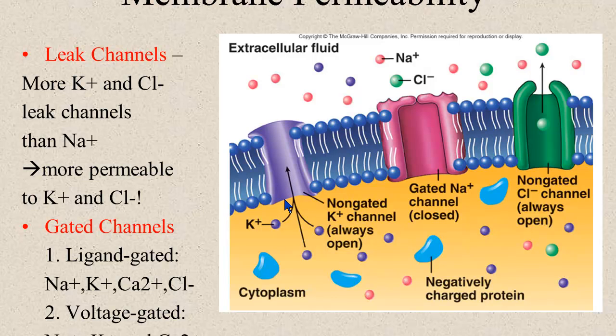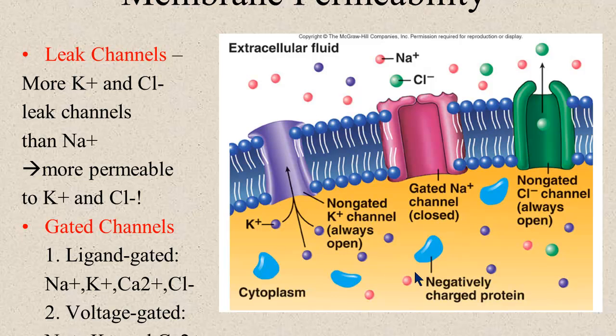That means there's no energy required, and it's simply moving from higher concentration to lesser concentration until it reaches equilibrium. And every ion has an equilibrium potential that's calculated by a special equation that we're not going to get into detail on. But the equilibrium potential for potassium is negative 90 millivolts. So that means there's going to be enough potassium flowing out until it reaches a value of negative 90 millivolts inside the cell compared to the outside of the cell.